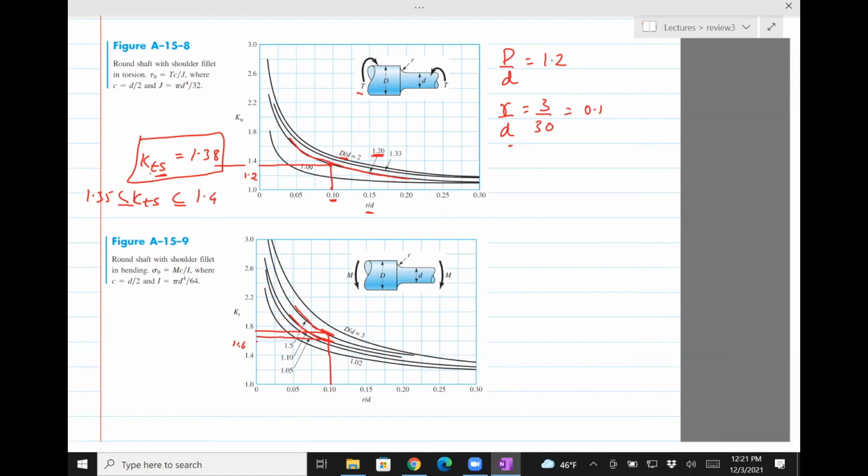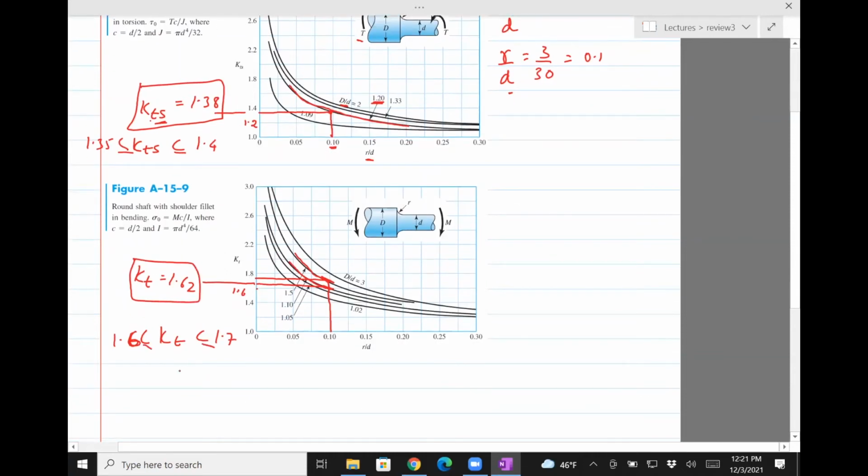I have it as 1.62. But you can put any value from 1.6 to maybe 1.7 and it should be fine. So we found K_t and K_ts.